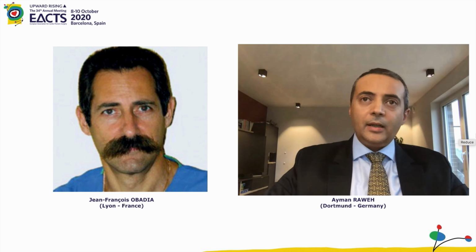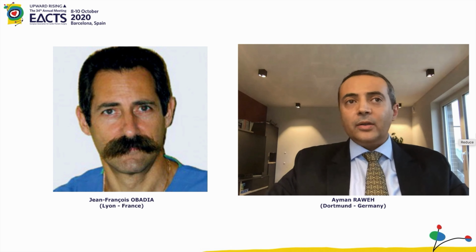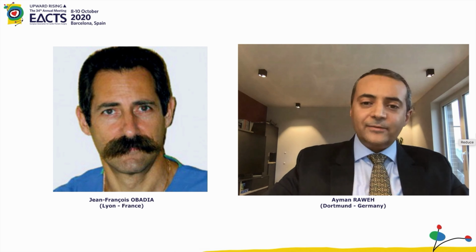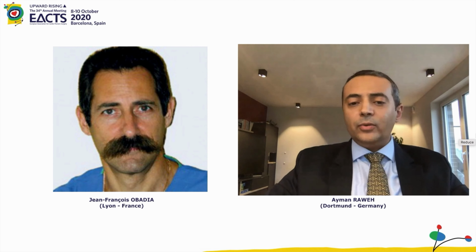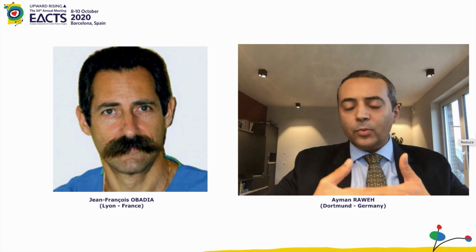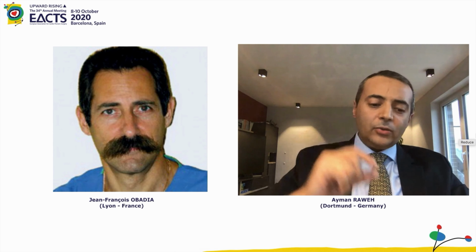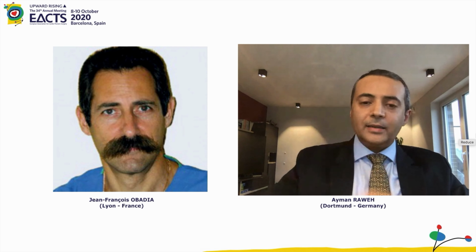Now, with our experience after many years, currently we prefer the Respect method, because we try to preserve the posterior leaflet as much as we can, so that we have a smooth surface for coaptation, and enough height for the coaptation.